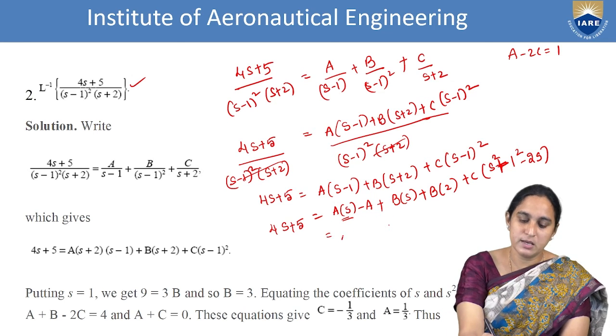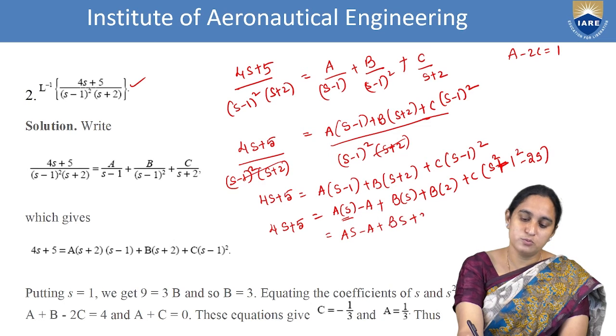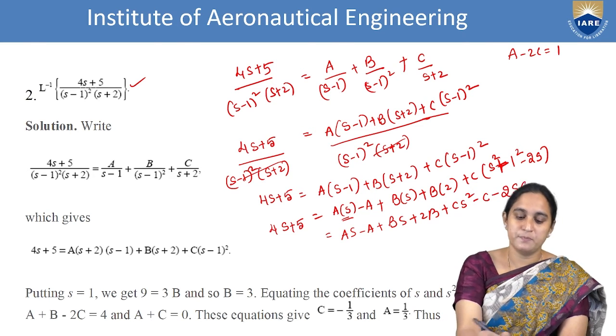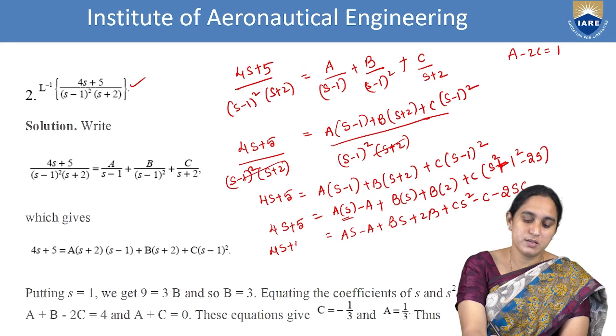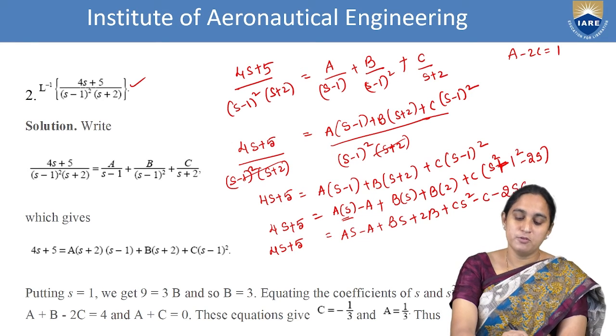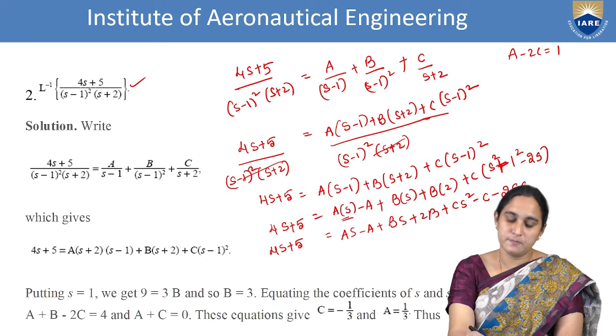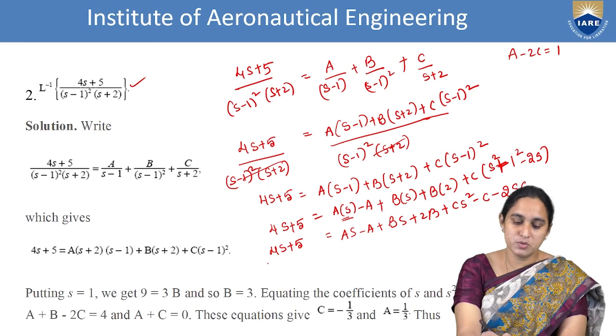I'll write it clearly here: A of S minus A, plus BS plus 2B, plus CS square minus C minus 2SC is equal to 4S plus 5. From that, comparing both sides, the S square coefficients.